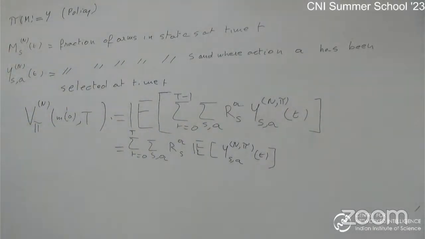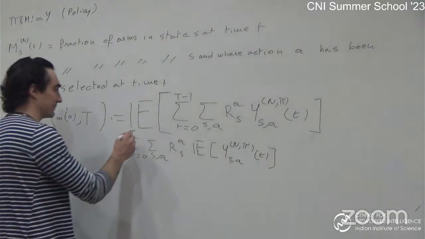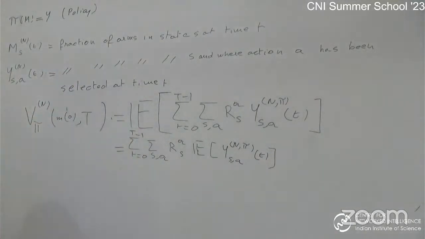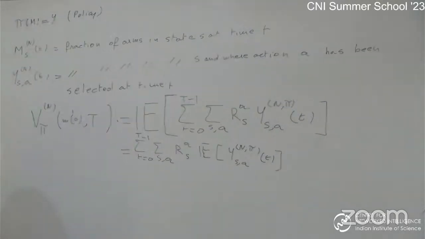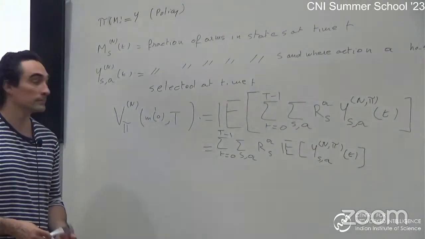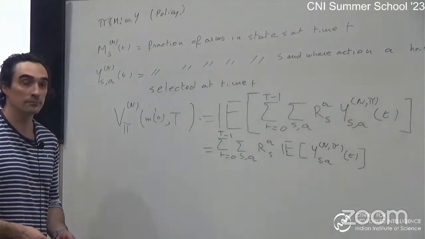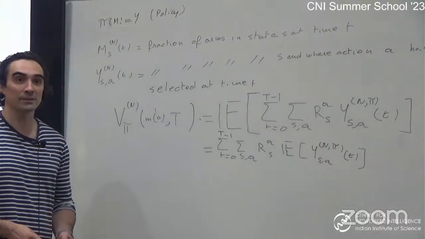Obtaining that. Okay. Good. So why are we not considering the terminal reward of this? Why are we not considering the terminal cost or reward? Because I didn't define it.